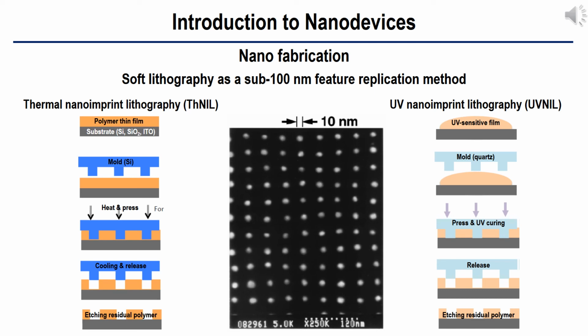Fill and expose. Separate. Etch the residual resist. UV nanoimprint lithography has a smaller resolution than photolithography, down to 10 nanometers, as shown in the electron microscope image of silicon dots with 10 nanometer diameters in the middle figure.